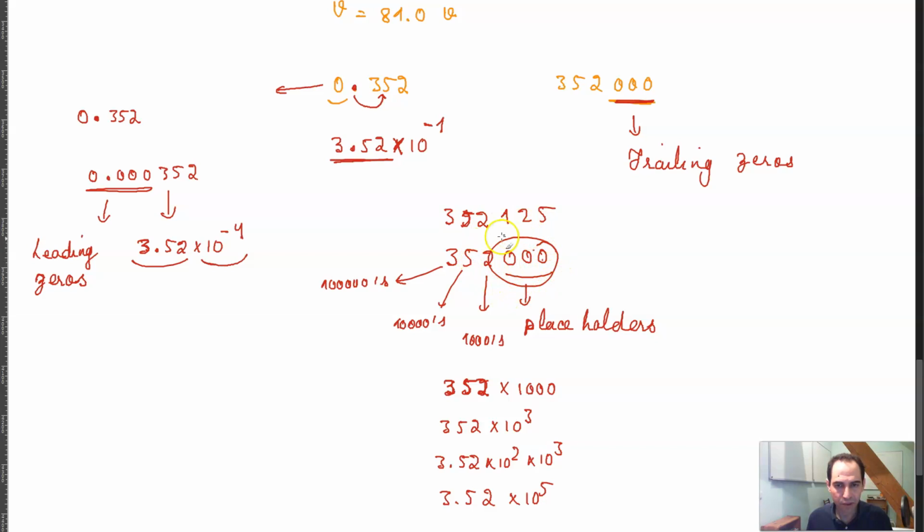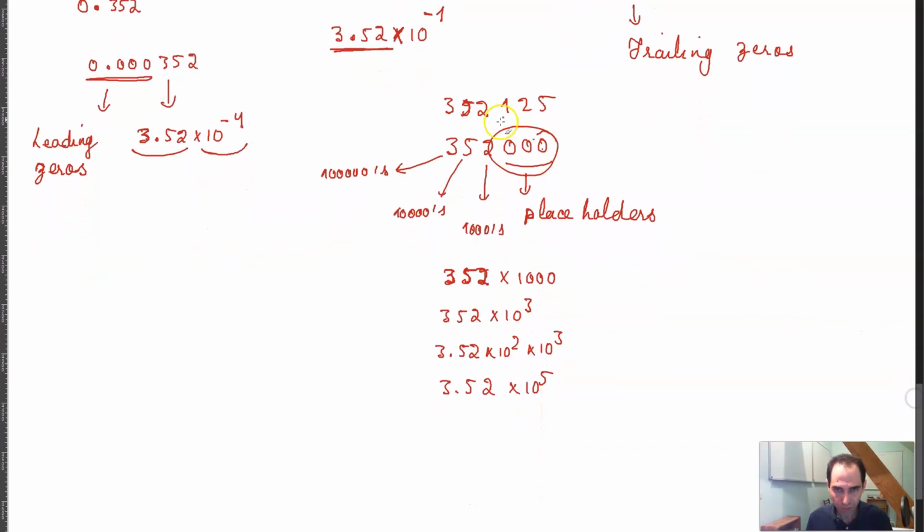Sometimes the zeros are actually significant, meaning that you measure a quantity as exactly 352,000. You measure this digit, this digit, this digit, and this digit happens to be 0. This digit happens to be 0, and this digit happens to be 0.